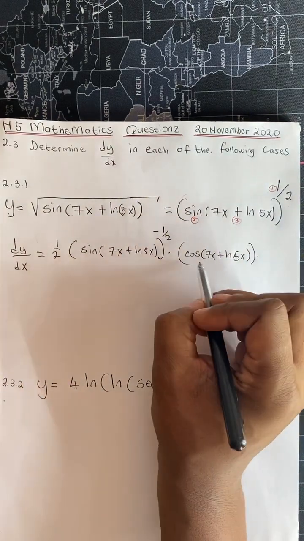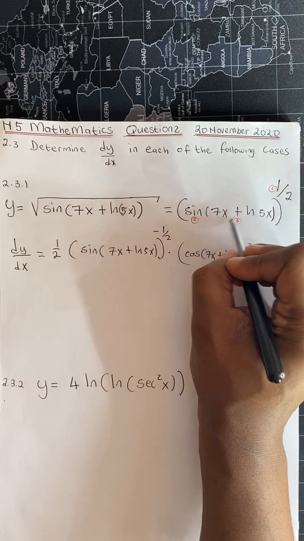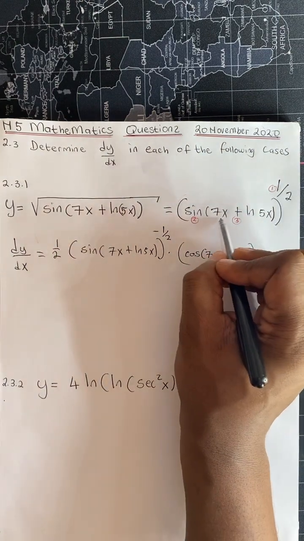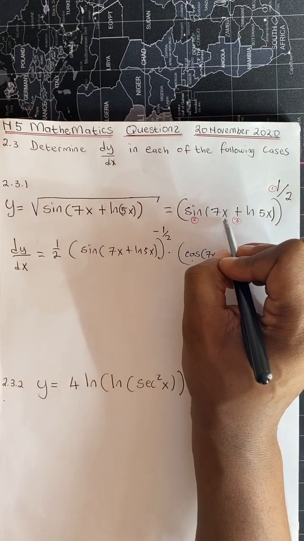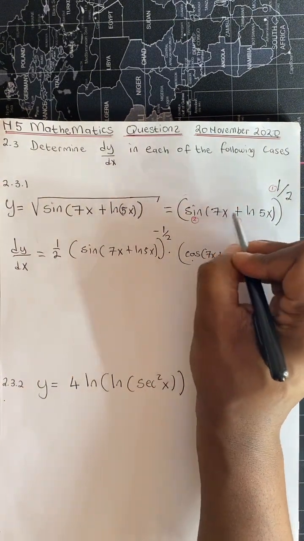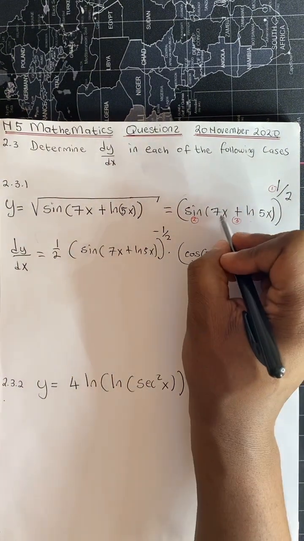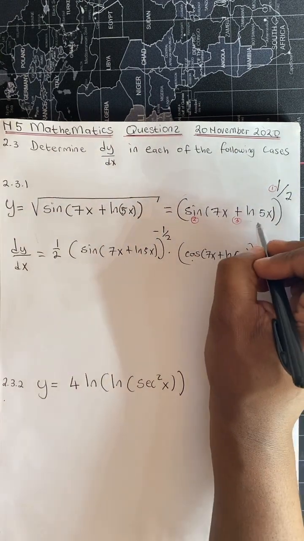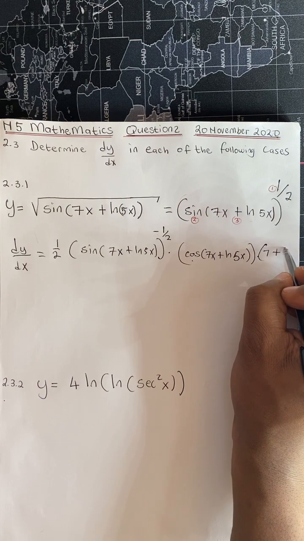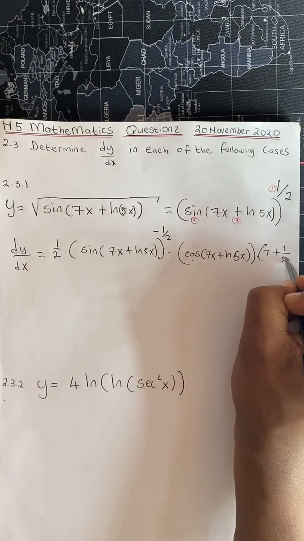Now that you have successfully differentiated the sine and got the cos, we have to differentiate what's inside the sine. So the derivative of 7x is equal to 7, and the derivative of ln of 5x is equal to 1 over 5x.